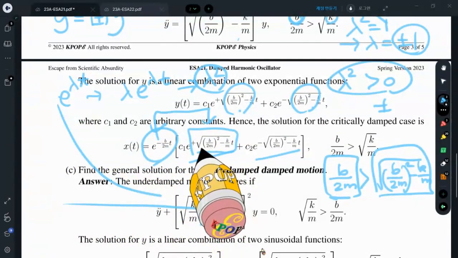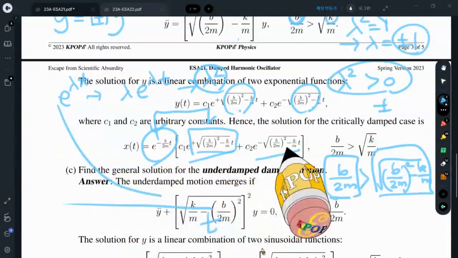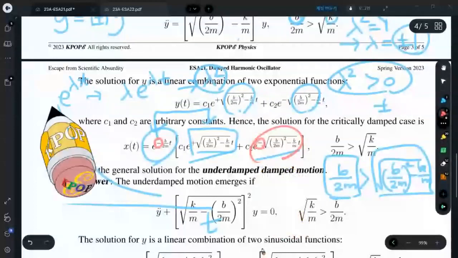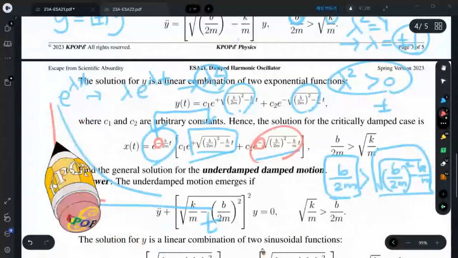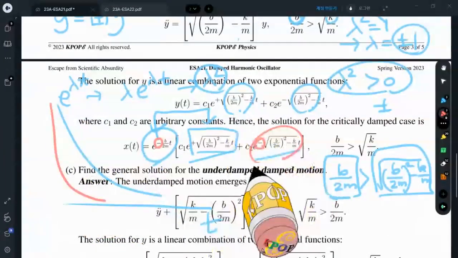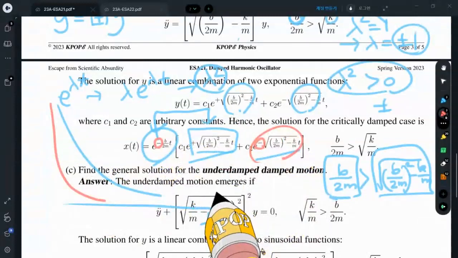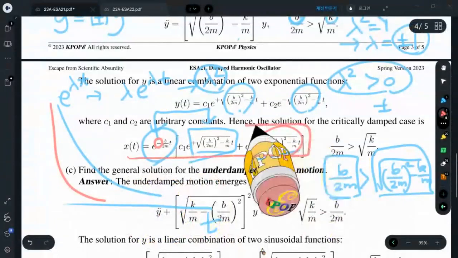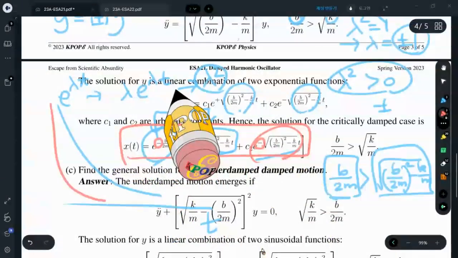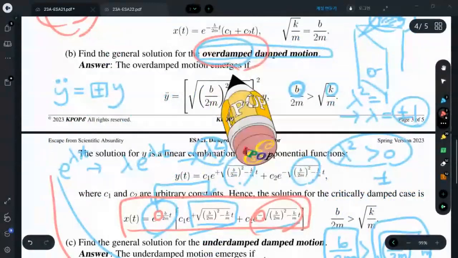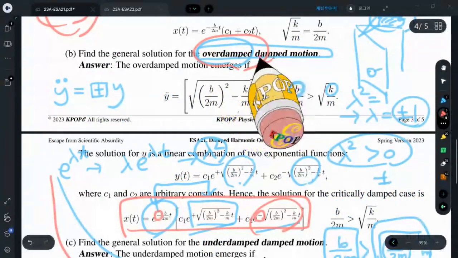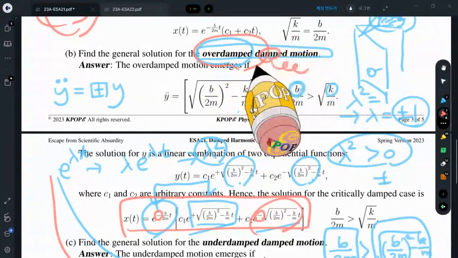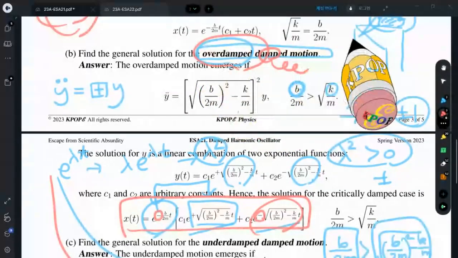Sure, it decays more slowly than this guy. This guy is both negative, so it decays very fast. So these two contributions construct all possible values of the solution. So this is the most general solution for overdamped motion. So I need to delete this. Overdamped motion is wrong. Overdamped motion.